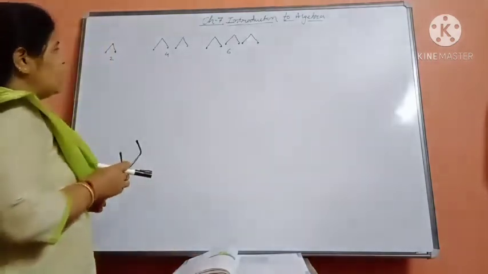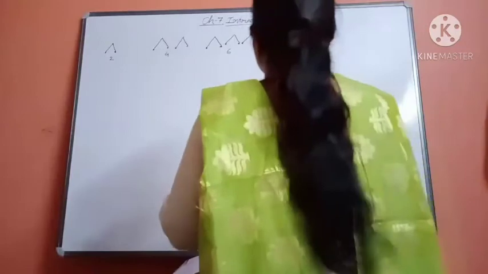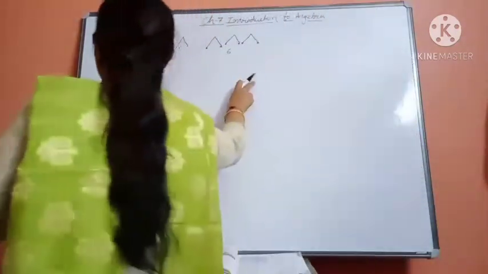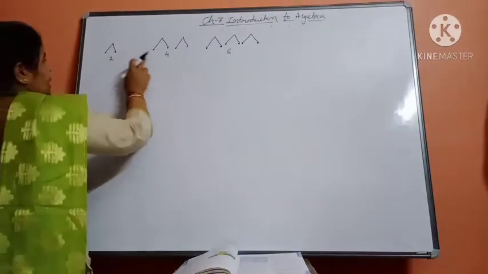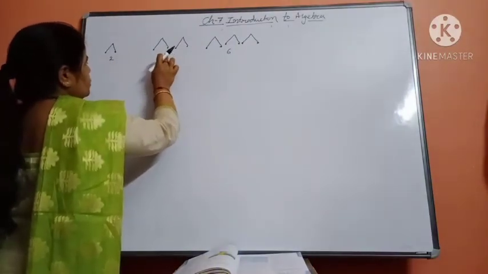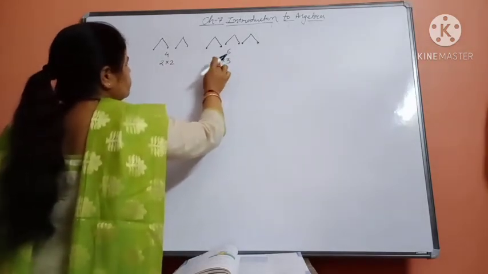If I would like to draw the pattern of 8 matchsticks, how can we draw? Beta, again try to understand. Here it is coming in the form of 2 into 2, which is 4. Here it is 2 into 3, which is 6.